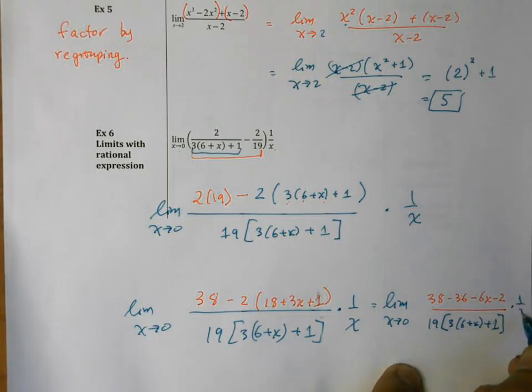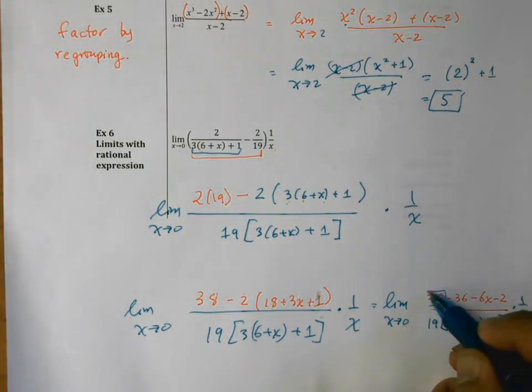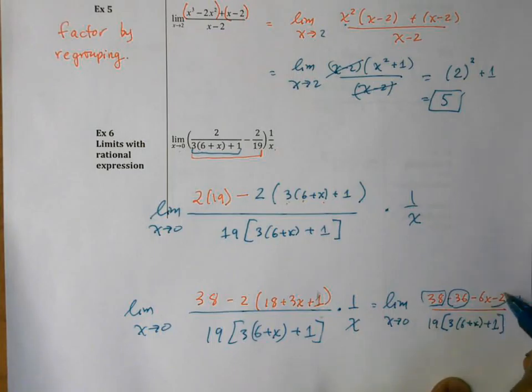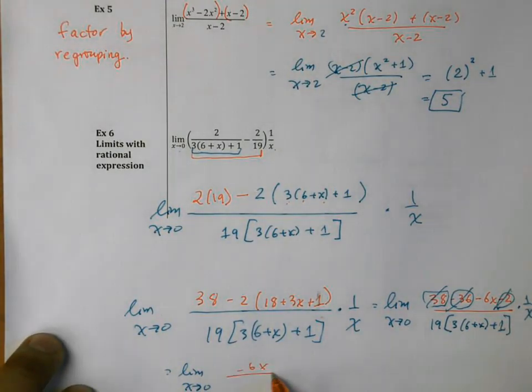But if you notice that in the numerator, I have positive 38, negative 36, and negative 2, and that all cancels to 0. And so now what we have is the limit as x approaches 0 of negative 6x over 19 times 3 times 6 plus x plus 1. This whole thing times 1 over x.